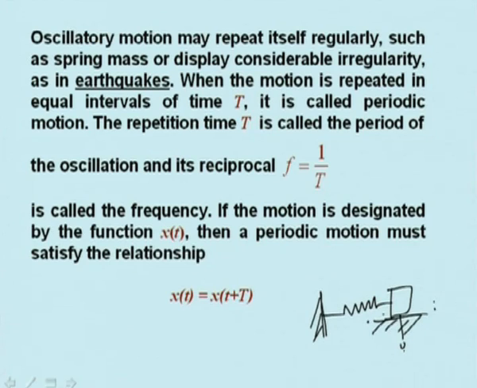So, T is the time period, f is the frequency. If the motion is designated by the function x(t), then a periodic motion must satisfy the relationship x(t) is equal to x(t plus T), where T is the time period. At time period T, it should come back to the same position. That is the condition for a periodic motion.